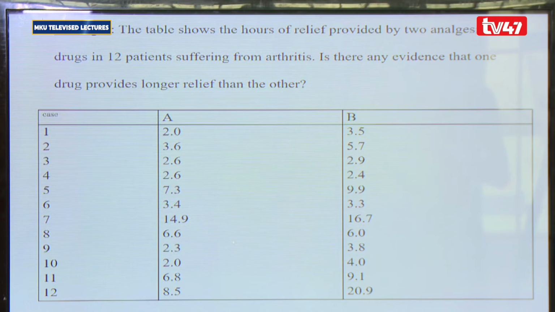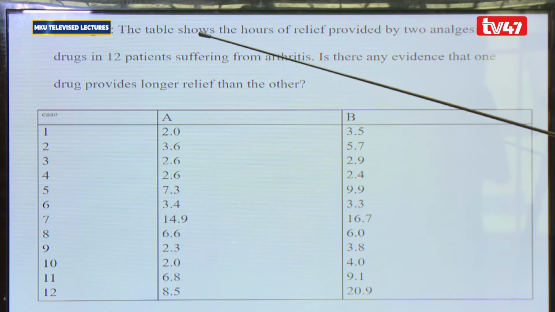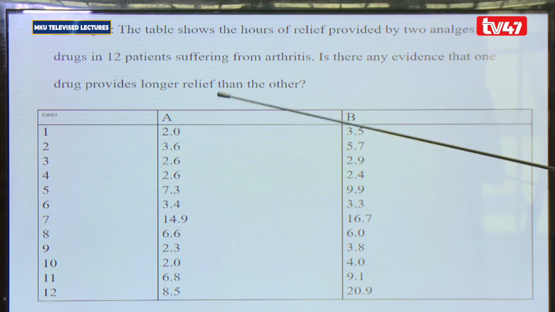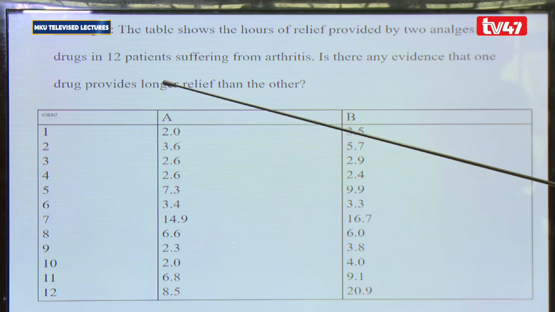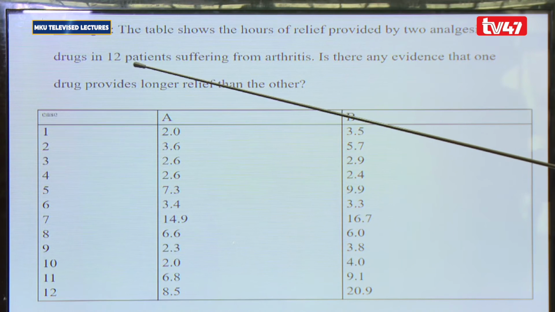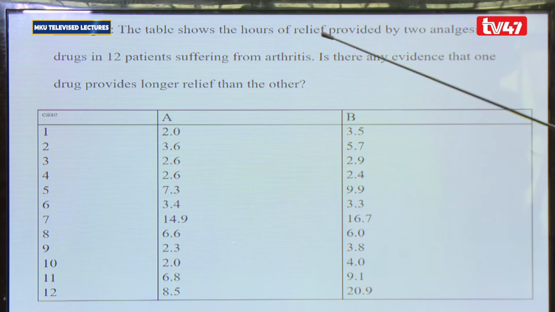We want to do an example to demonstrate clearly the points that we are putting across concerning the sign test. The table shows the hours of relief provided by 2 analgesic drugs in 12 patients suffering from arthritis.